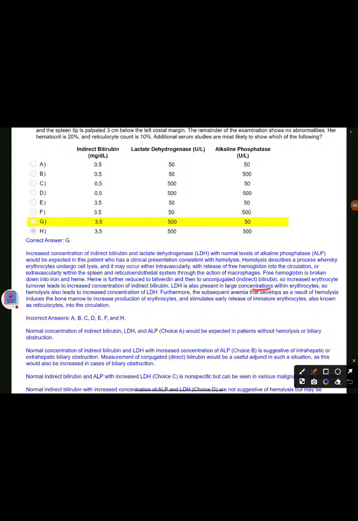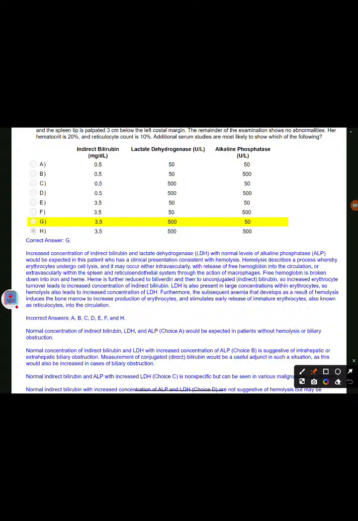LDH is also present in large concentrations within erythrocytes. Because erythrocytes do not have mitochondria, the energy is produced by lactate dehydrogenase. So hemolysis also leads to increased concentration of LDH, as after erythrocytes break down, the LDH is released into circulation.